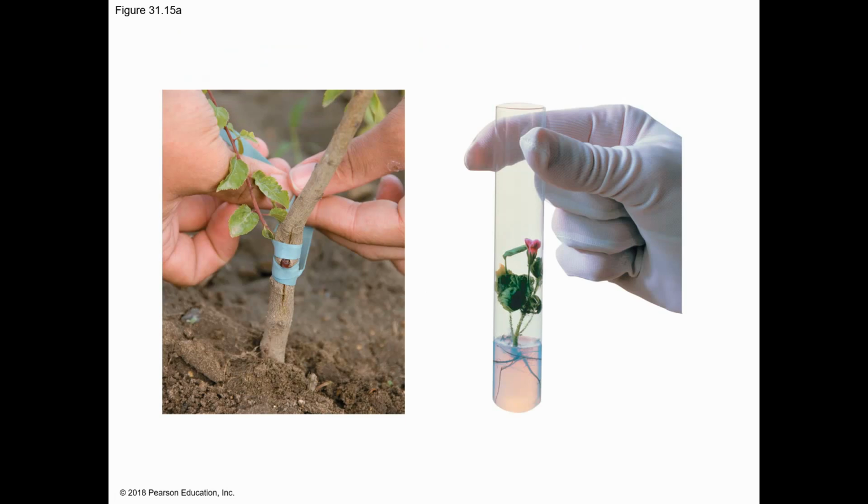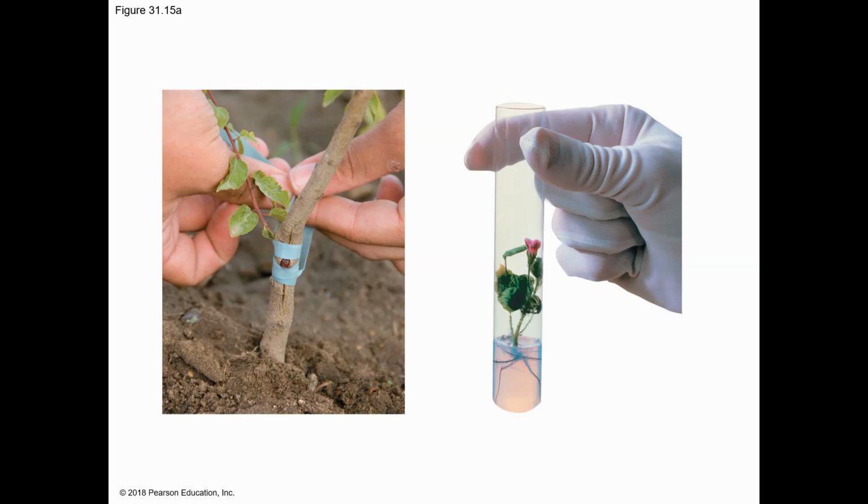We can also look at other scientific tools. So here you can see the first one is grafting on the left. Grafting is a way of adding either two strains of one species together or two species together, forming a hybrid plant.